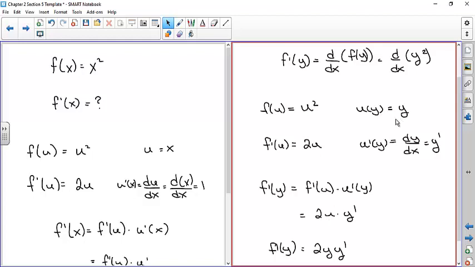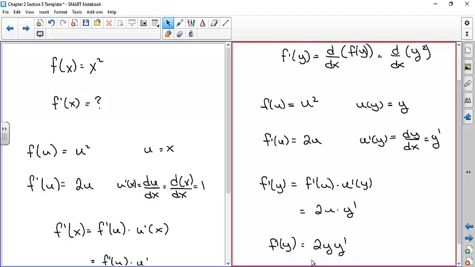But with this little extra bit, y, when I take the derivative of y with respect to x, instead of getting 1, because the variables are different, I actually get y prime, the definition of the derivative. So with implicit differentiation, I take the derivative of the other variable y as I normally would, using the same rules, but I multiply by y prime to reflect that it's implicit differentiation.